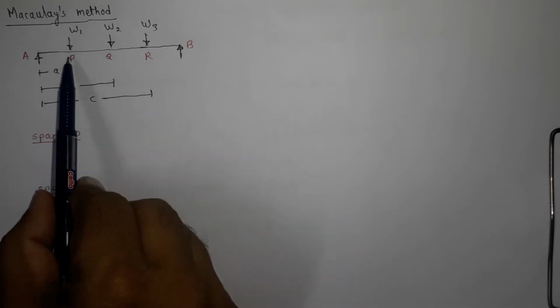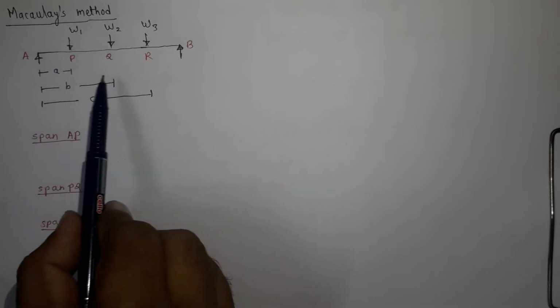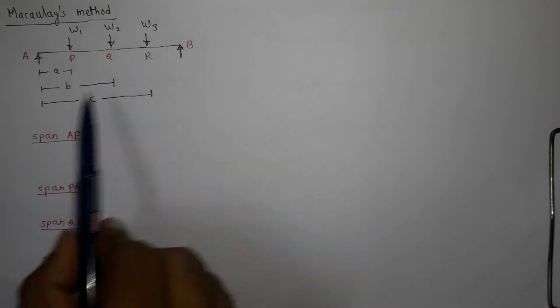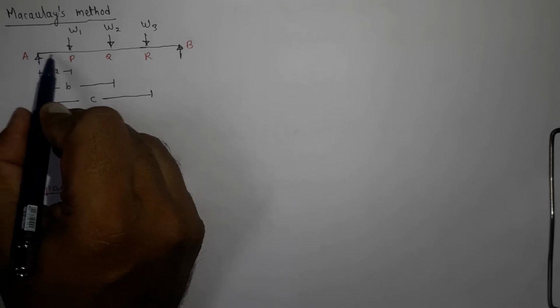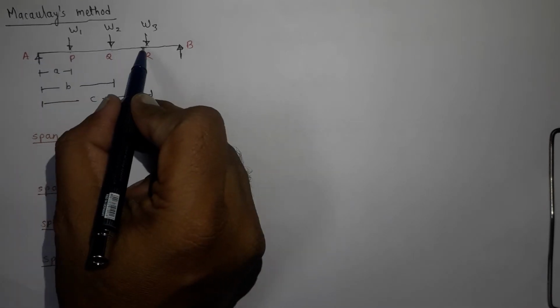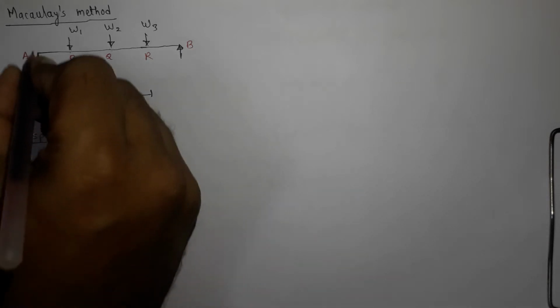Let the load W1 be at a distance A from the left end, W2 at a distance B from the left end, and W3 at a distance C from the left end. Now this entire beam can be divided into a number of subspans, say spans AP, PQ, QR and RB. There are 4 subspans.